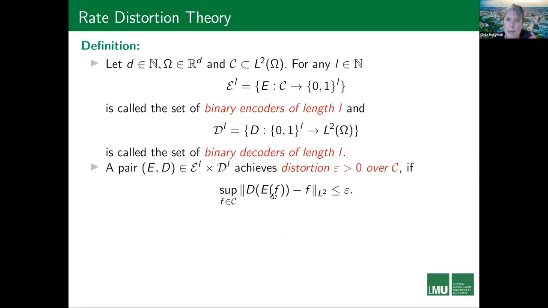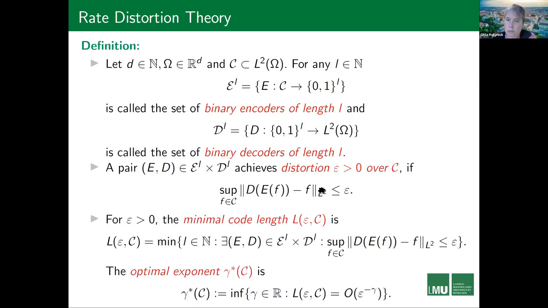What one would like to have is that if we first encode and then decode, the result does not deviate much from f. That's something natural, like also compression. And so we say that such an encoder-decoder pair achieves distortion epsilon if the worst case error is still less or equal than epsilon.